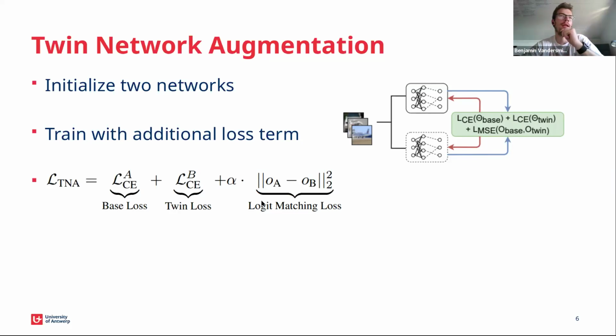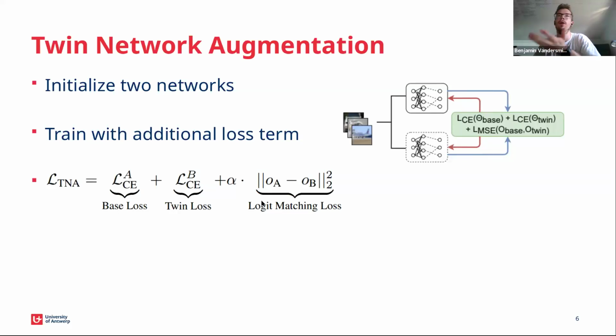And finally, we also have an alpha, which is the parameter that determines the influence of this logit matching loss in the total loss. This is basically to make sure that it does not dominate the other losses, because if there are a lot of classes, for example, this L2 distance can become quite large as well.